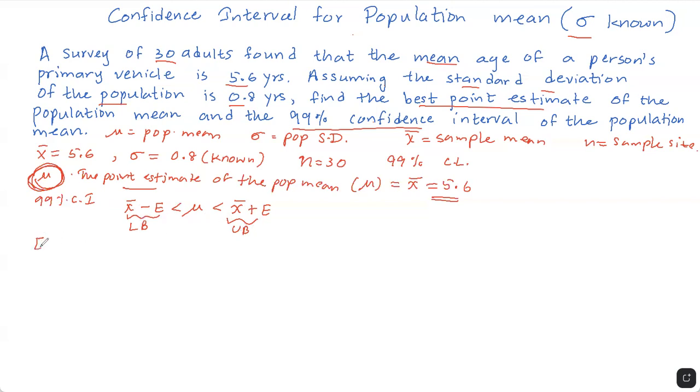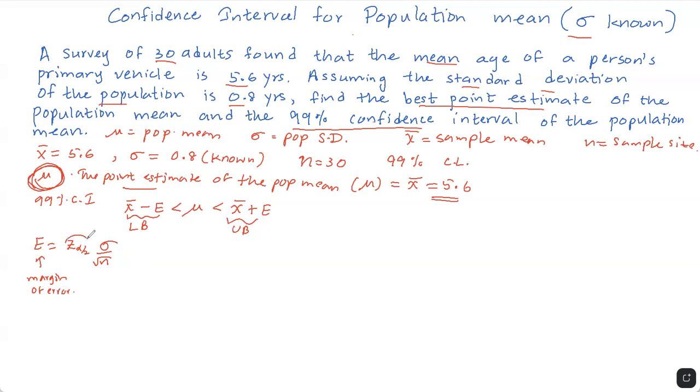So let's see margin of error. Margin of error is the critical value z alpha over 2, and the standard error in this case is sigma over square root n. So we are going to calculate this margin of error. So E is the margin of error.